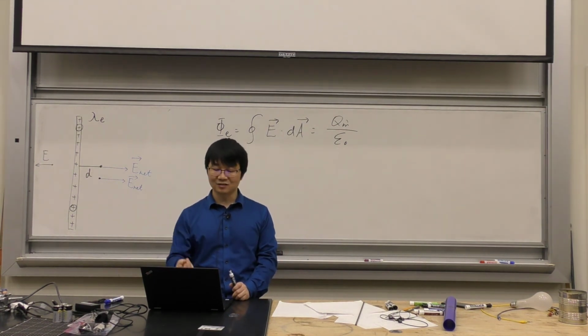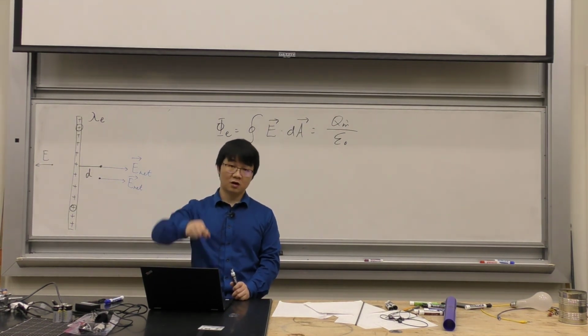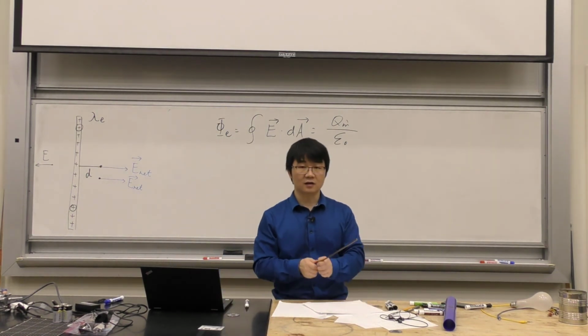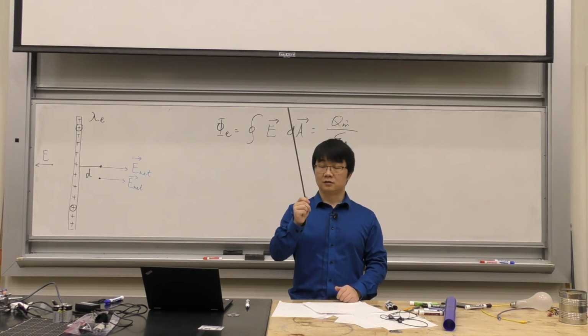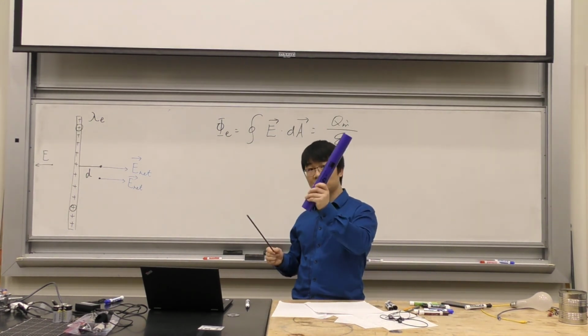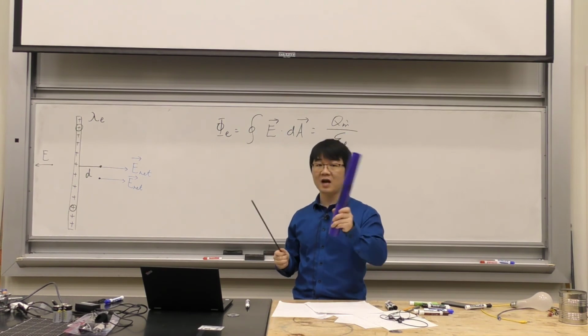I draw a cylinder with this rod crossing the center of the cylinder. So it's pretty much like this. I have a long rod, longer than this. This is my Gaussian surface, totally imaginary, it doesn't exist.